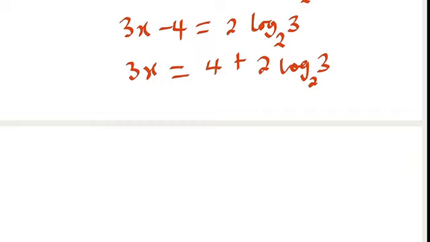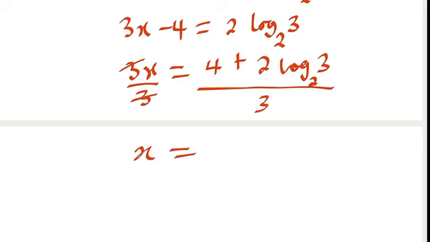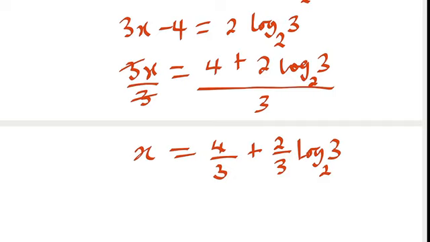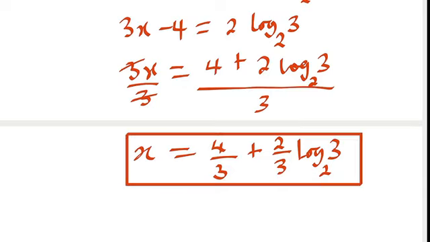Dividing both sides by 3, the 3 will cancel, so x equals 4 divided by 3 plus 2 over 3 times log base 2 of 3. Now from here, we have this to be our solution. That is the value of x.